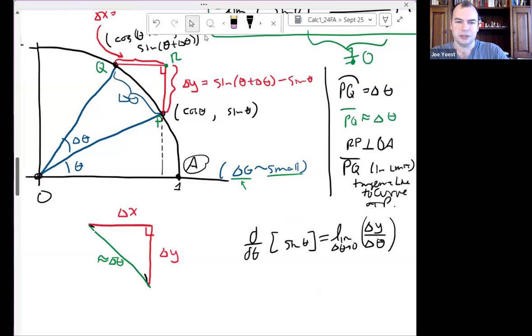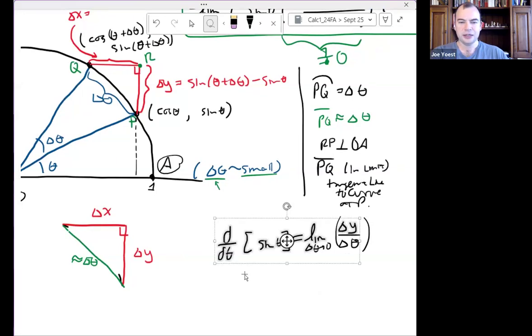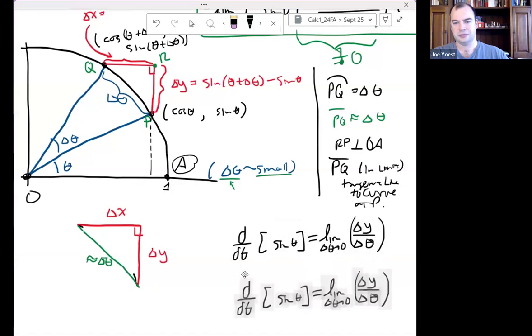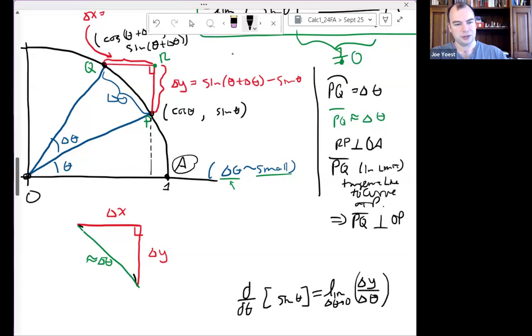So with PQ being the tangent line to the curve at P, this tells us that PQ is perpendicular to OP.